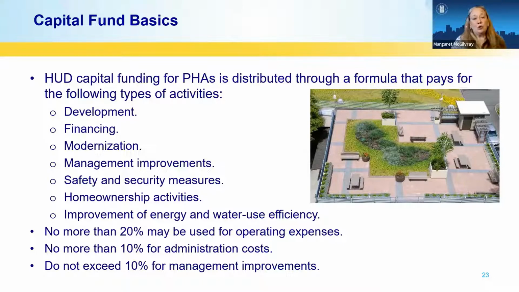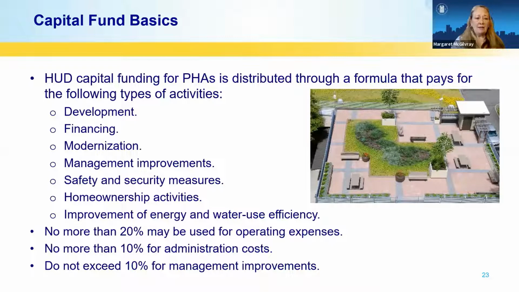You can also do energy and water conservation or other efficiency type changes to fixtures and equipment and fittings. And you can also do utility management and other more comprehensive activities to increase energy conservation and hopefully lower your operating costs. Now, not more than 20% of your capital fund can be used for operating expenses.